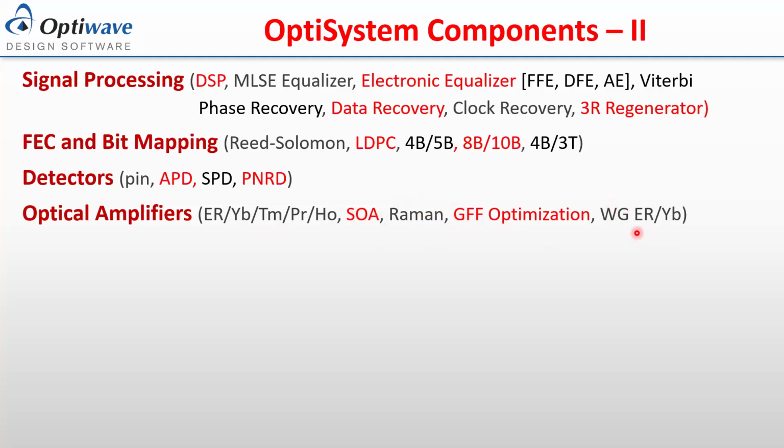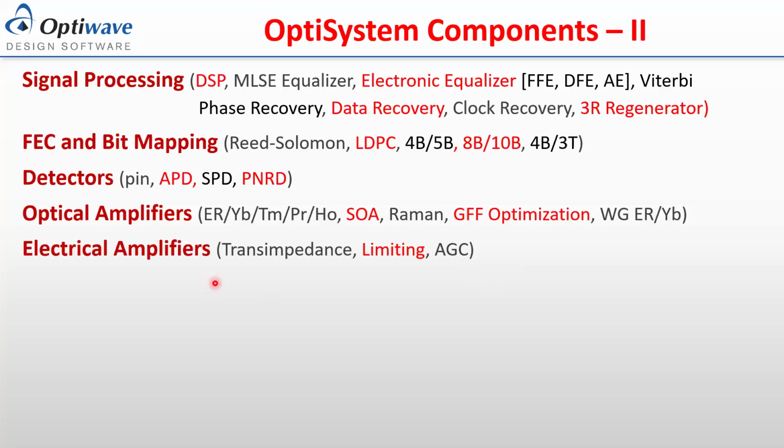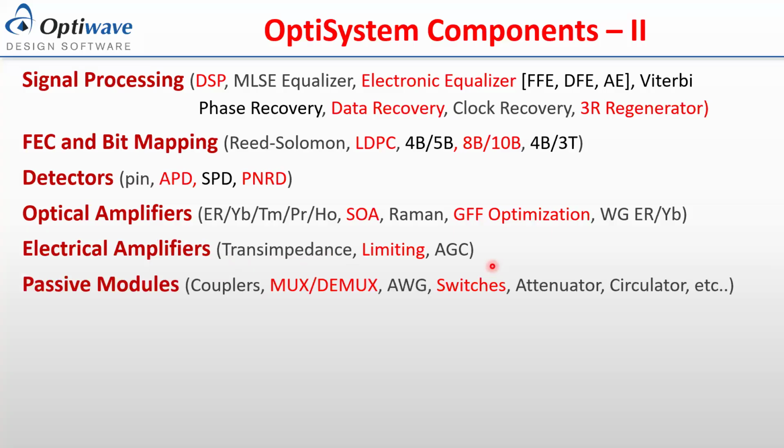There is a waveguide amplifier for erbium, ytterbium, co-doped. And also there are components to do gain flattening optimization, which we're going to describe a little bit later on in this webinar. Electrical amplifiers, we do have transimpedance amplifiers, which can work in the linear regime or nonlinear regime, as well as limiting amplifiers and automatic gain control.